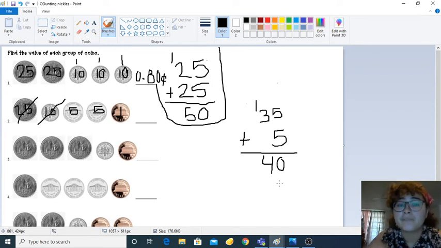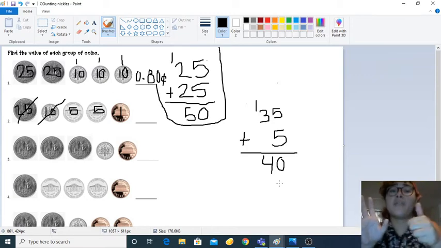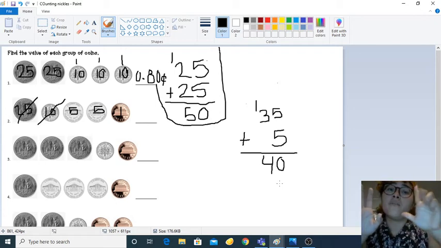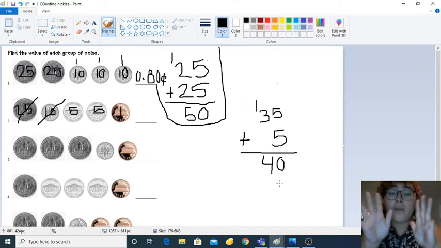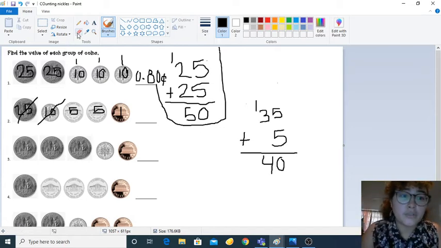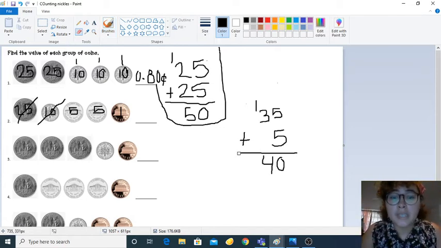In this case, if you count by 5s, 5, 10, 15, 20, 25, 30, 35, 40, you know that 5 more is going to be 45. But if you don't remember this, you don't have to worry because you can use the same method we've been using this whole time. I'm going to erase this again so that we don't get confused now that we're working with a new number.